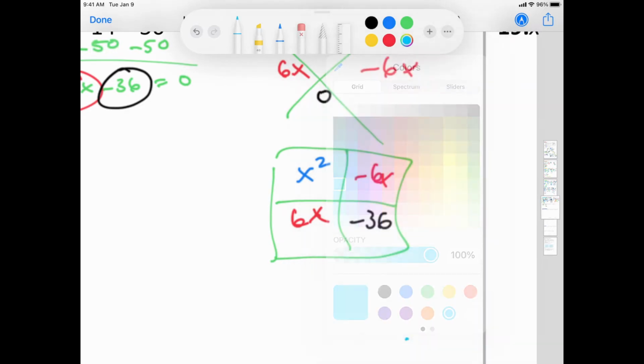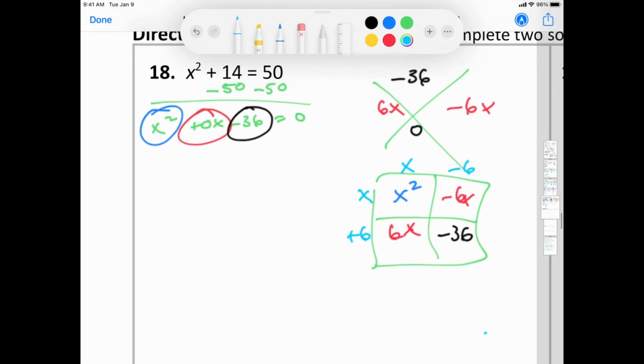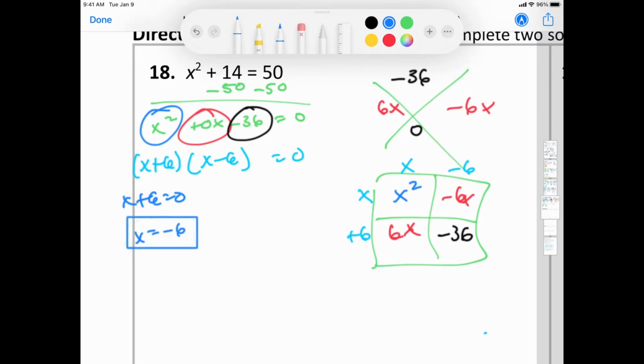And then you're going to factor out the greatest common factor of this row, this column, and this column. And then go ahead and split those, set them equal to 0 for the zero product rule. And you get your two solutions.